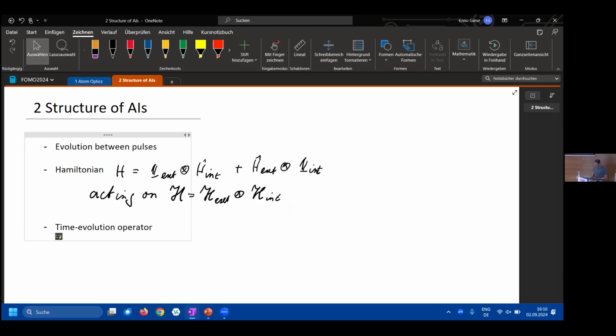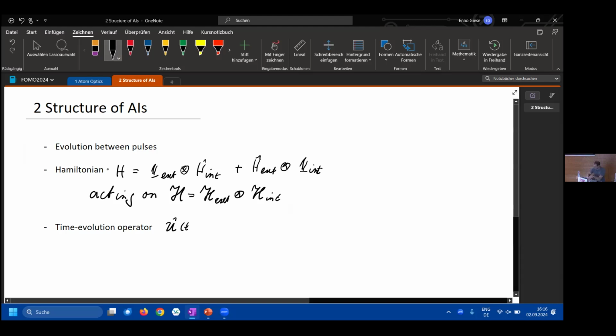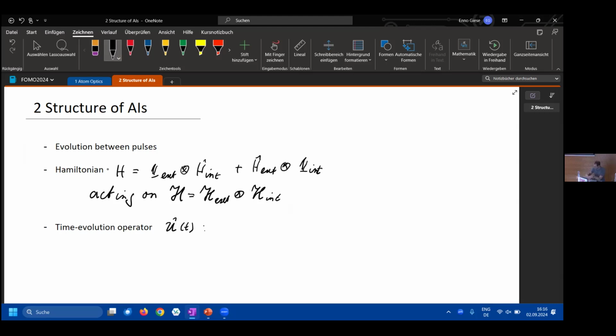So how is that defined? I define it as a unitary operator U of t that effectively just evolves an initial state. It acts on the initial state and gives rise to the final state. So that's what it's doing. We can also just use the Schrödinger equation.